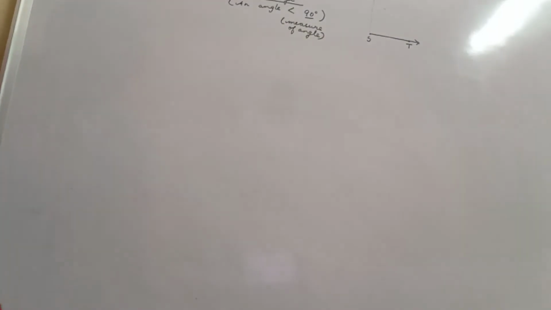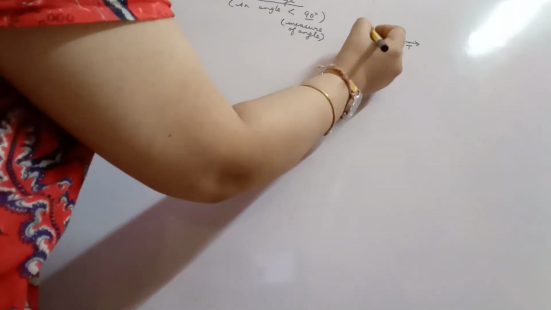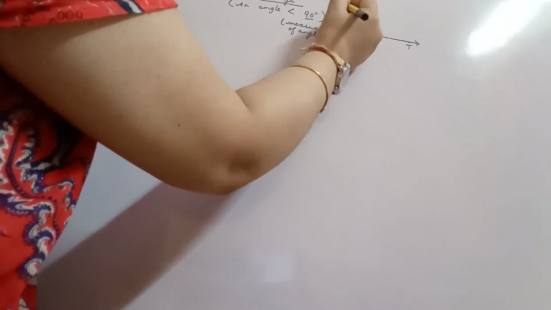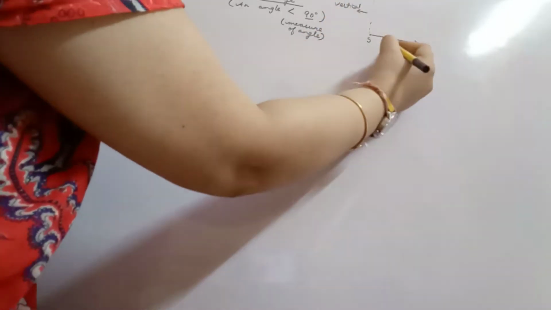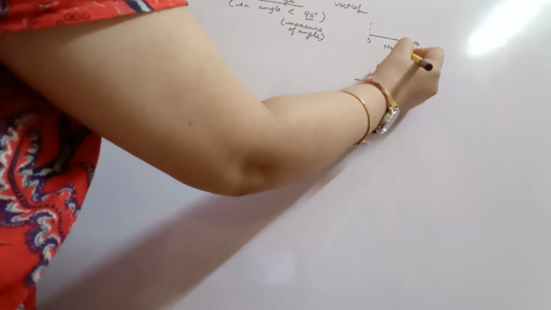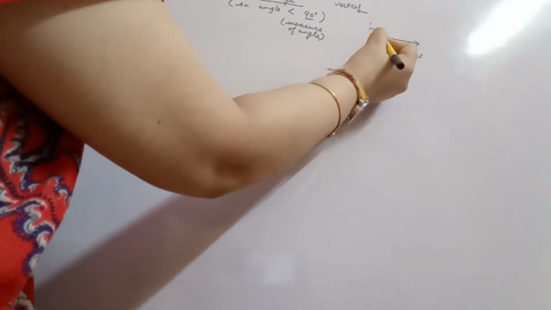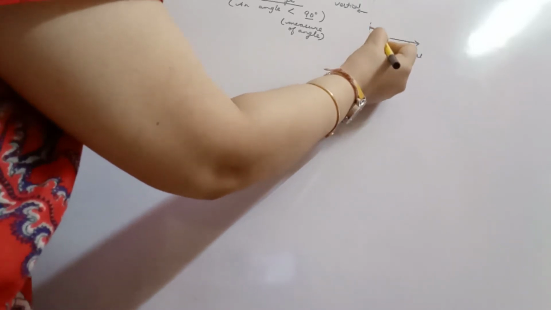ST is the line which is horizontal, and 90 degrees is the line which is vertical. The angle formed between a vertical and a horizontal line is the 90 degree angle.